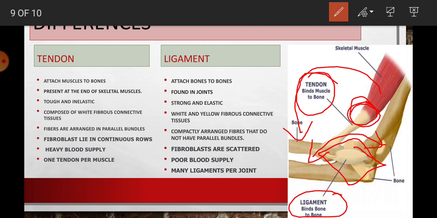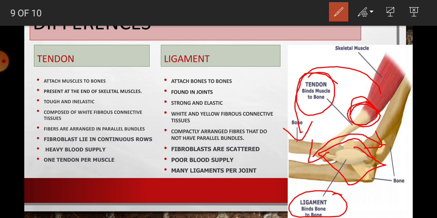Tendons are very tough because they take the pressure and the force, but they are inelastic. And ligaments are also strong, but they are elastic because of their elastin protein.